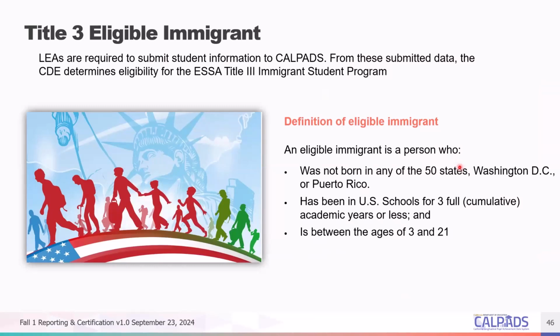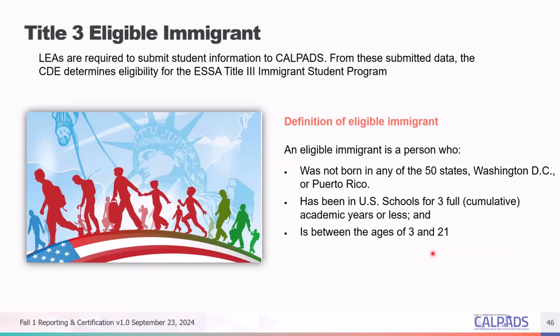All right, so we have your Title III eligible immigrant, and Alice is right on time. So with that question, for Title III eligible immigrant, the data elements here are derived from your student information system, from the demographic records, right?